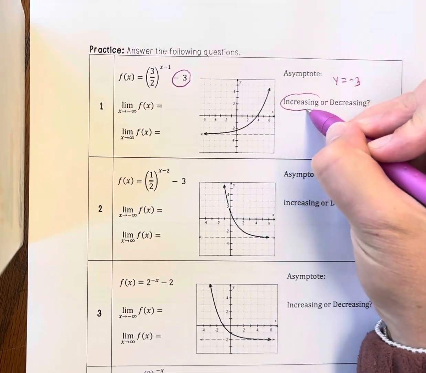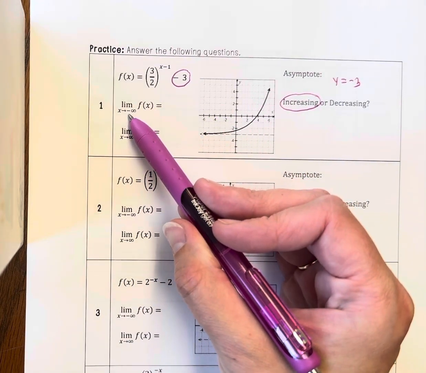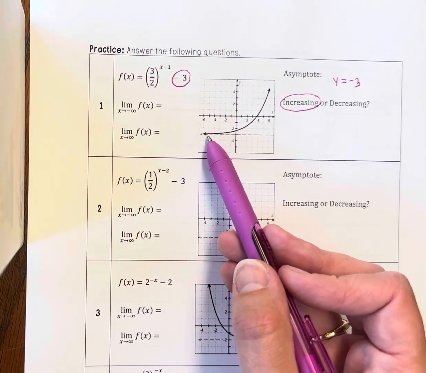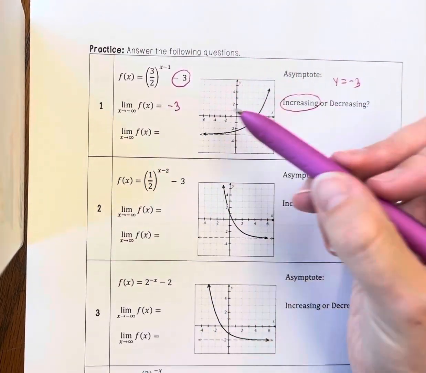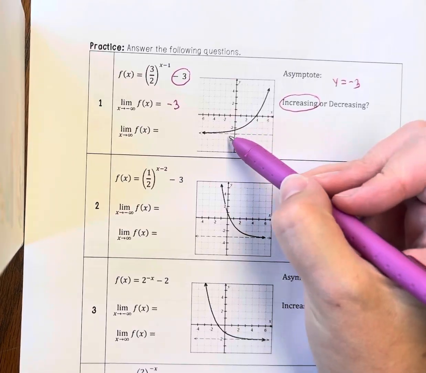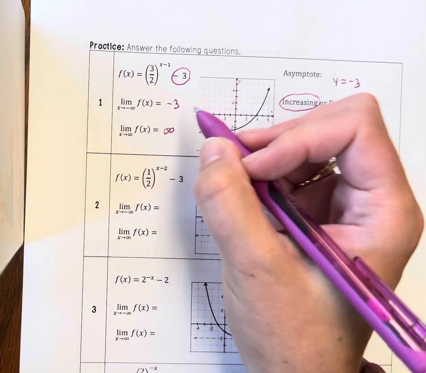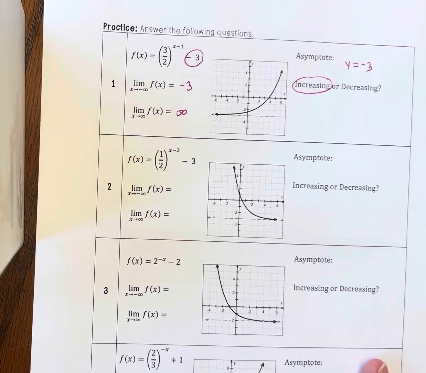I'm just going to circle increasing. This is exponential growth. So as x approaches -infinity, that would be on the left side of the graph, the graph is approaching the asymptote, so the limit is equal to -3. On the right side of the graph, as x approaches infinity, the graph is pointing up, so the limit is going to be infinity as well.